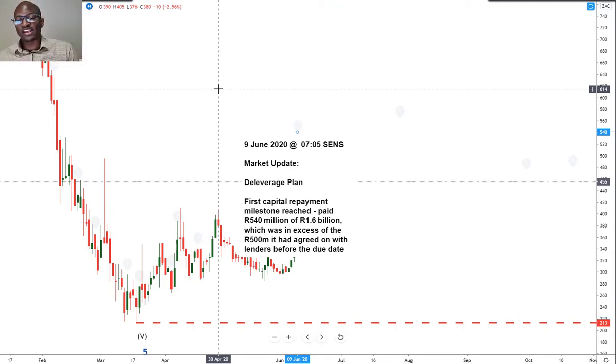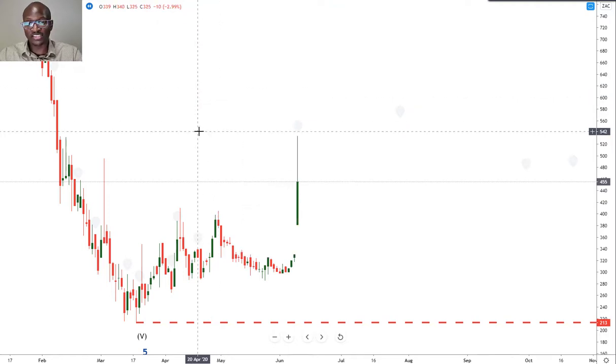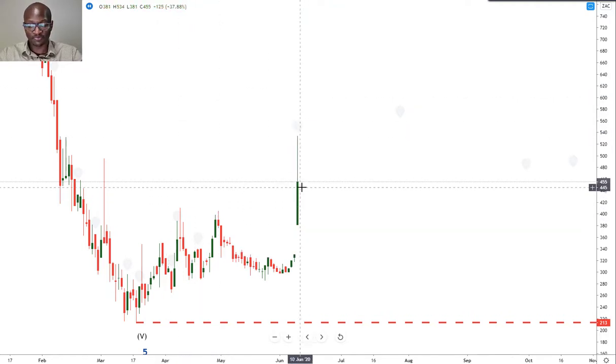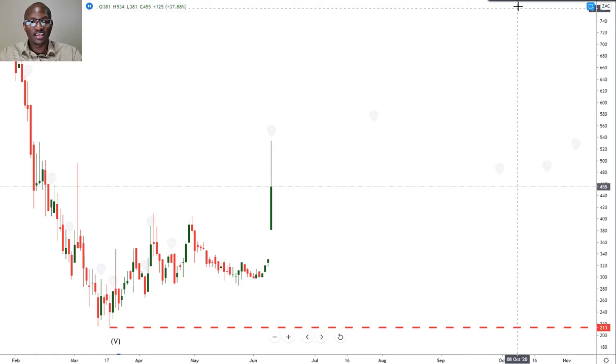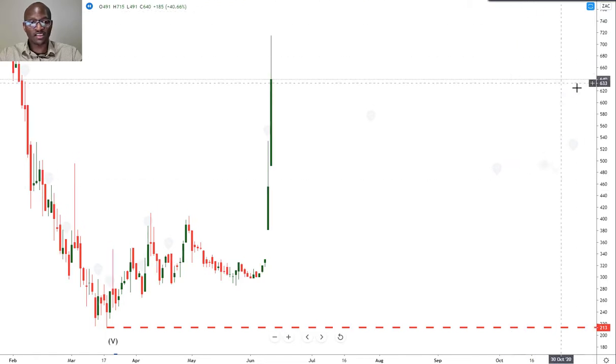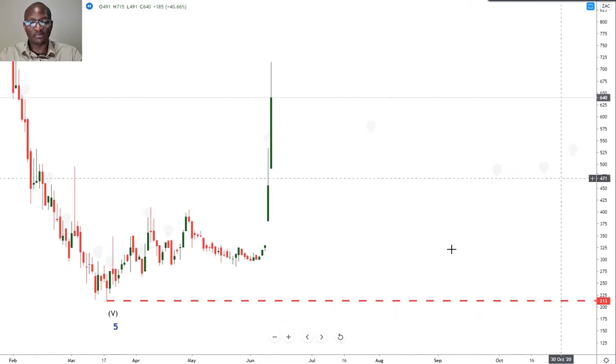And what happened there was the first capital repayment milestone was reached, and 540 million of the 1.6 billion, which was in excess of the 500 million, had been paid, and it was paid before the due date. So the market reacted very positively to this announcement, and even the next day the market started to pick up.